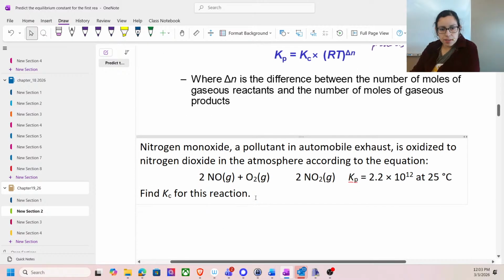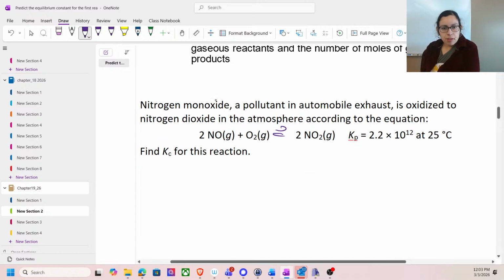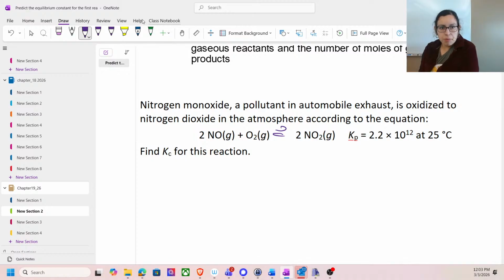So let's just practice how a problem may go. We're looking at this. Okay, so nitrogen monoxide, and this is where we want to pay attention to the state of everything. We have 2 equivalents of NO, gaseous state, plus 1 equivalent of O2, gas.